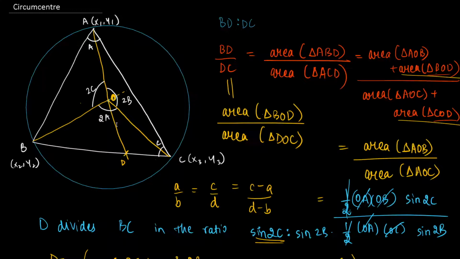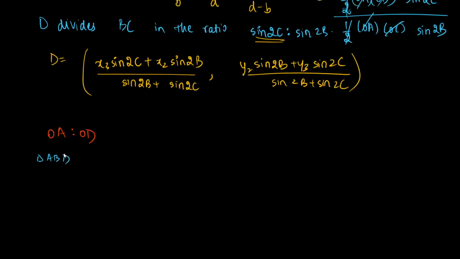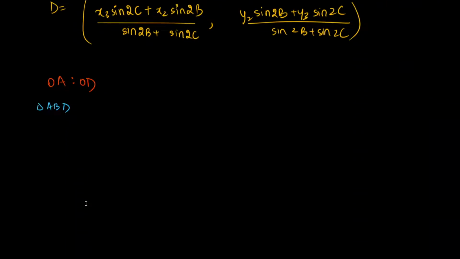Now, if you think about it, it's the same problem all over again. OA and OD are parts of the triangles. There are two triangles that you can use. The first one is triangle ABD, and the second triangle that we can use, similar to what we did here, is triangle ACD.